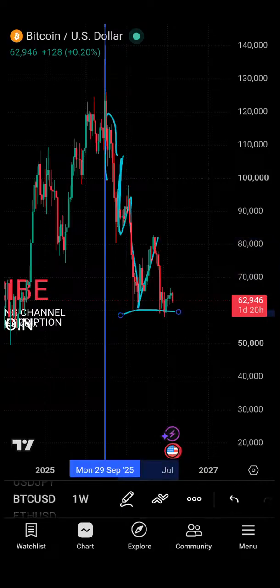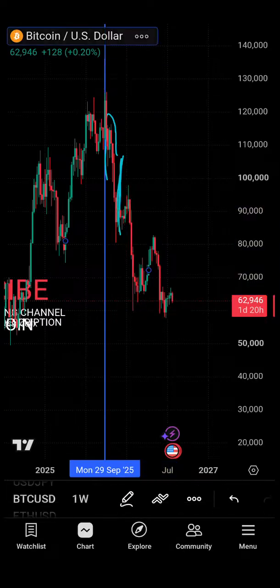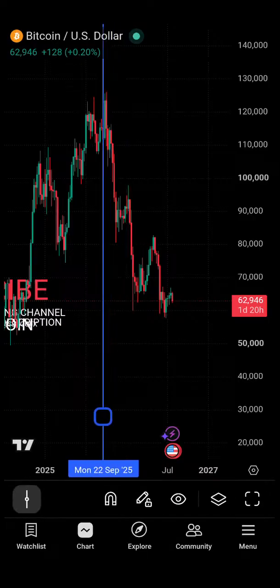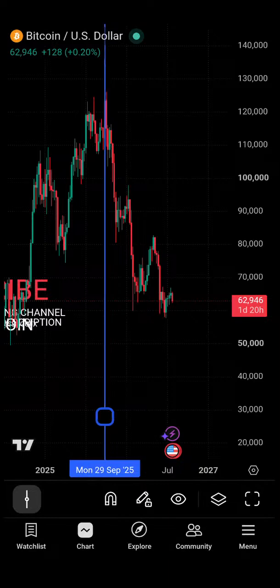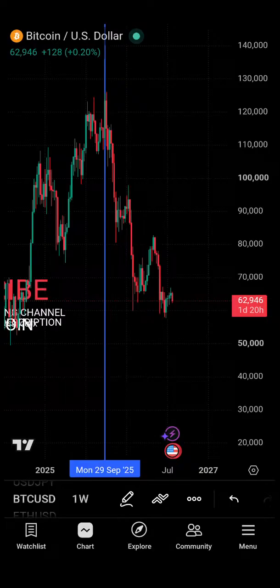The overall direction of Bitcoin on the weekly time frame is bearish. When you look at Bitcoin since last year, Bitcoin has been bearish. I'll repeat that. Bitcoin has been bearish.